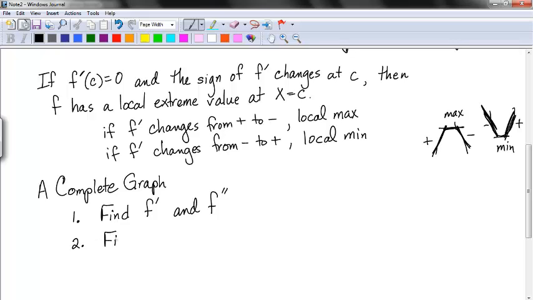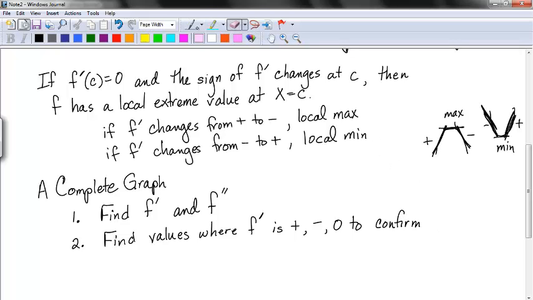Then you want to find values where the first derivative is positive, negative, and 0, and that's to confirm where f is increasing, because they're going to ask you, where is this function increasing, decreasing?